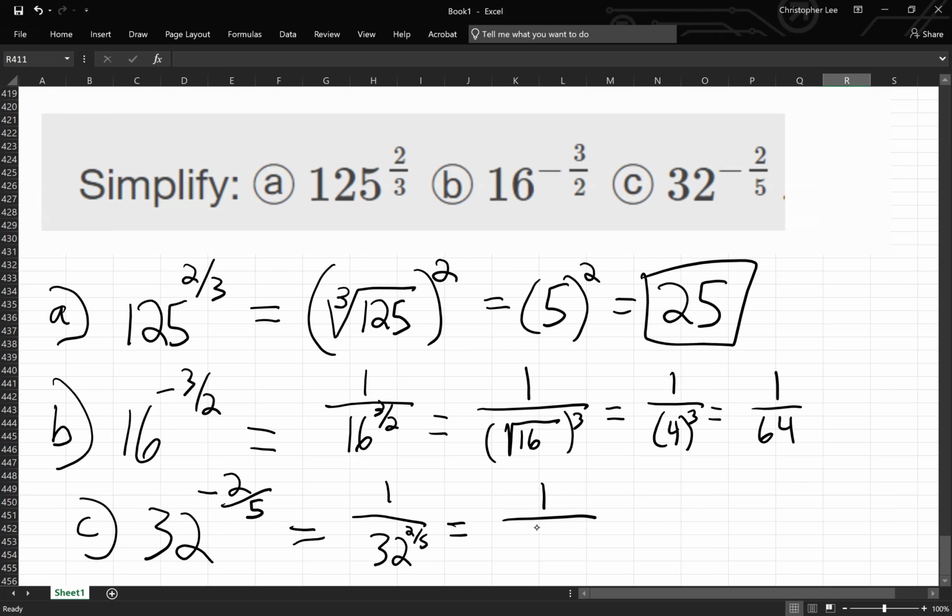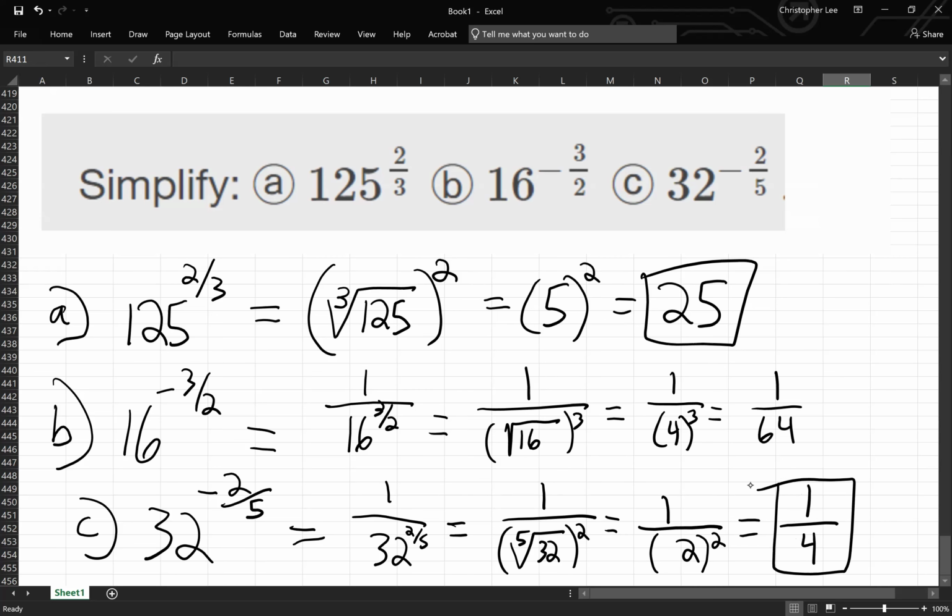The fifth root of 32 and then squared, right? And then what's the fifth root of 32? 2, very good. Now this is real hard. Y'all might need your calculators for this. What's 2 to the second power? 4? All right. That's it. Questions on this? Anybody? Feel good?